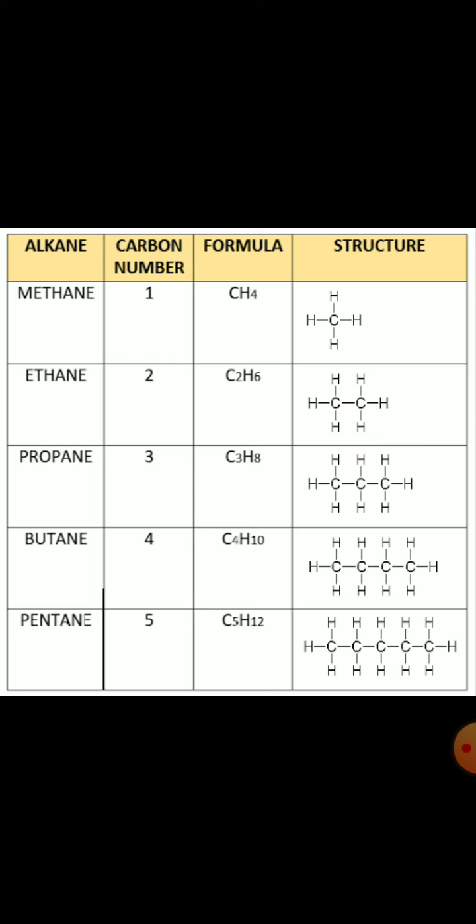A homologous series is a series in which compounds with the same general formula but different molecular formula occur in immediate succession. Series means when things occur in succession, one after the other, right? So this is homologous series.